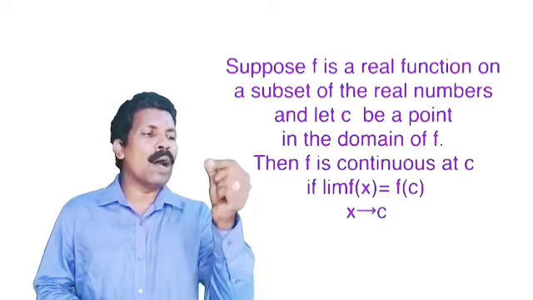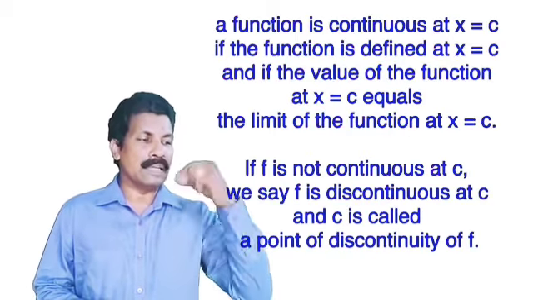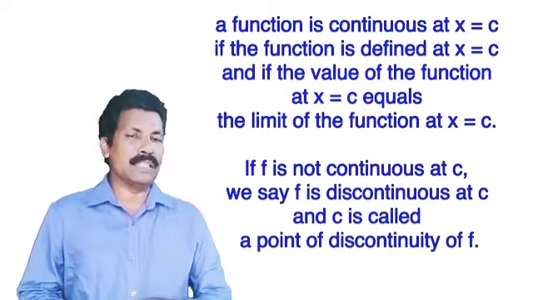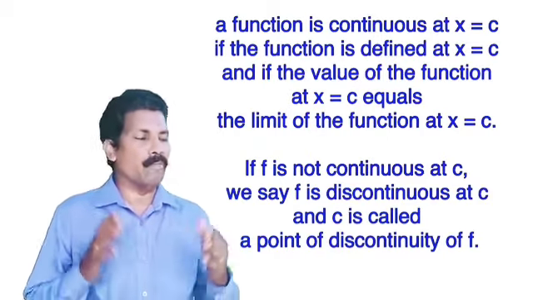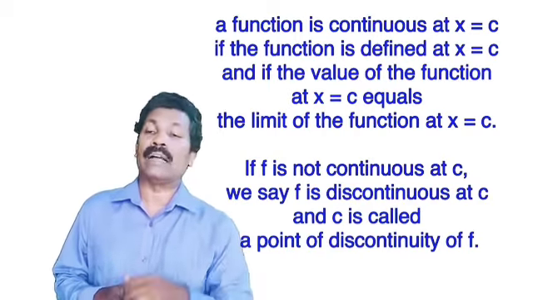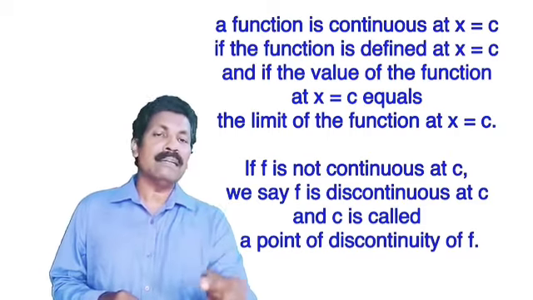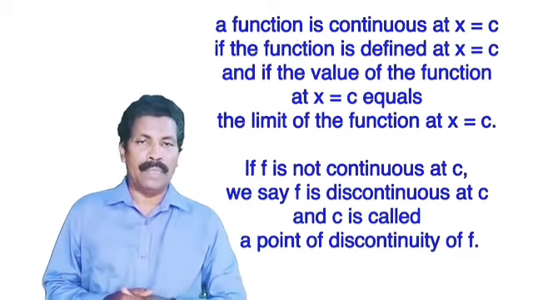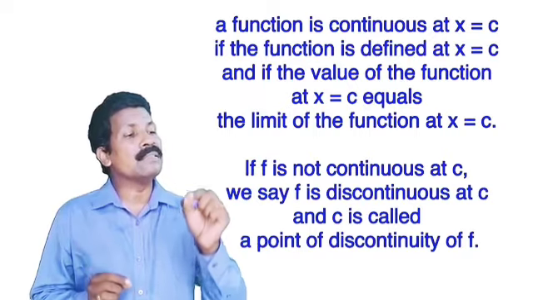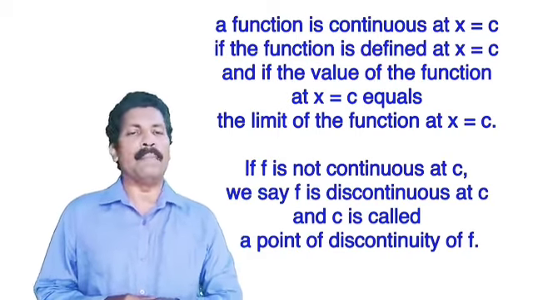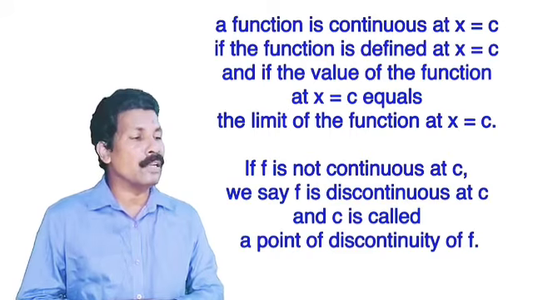That is, the value of the function at x equal to c equals the limit of the function at x equal to c. Then one can say that the function is continuous at that point x equal to c. If the function is not continuous at c, then we can say the function is discontinuous at that point c, and c is called a point of discontinuity of f.